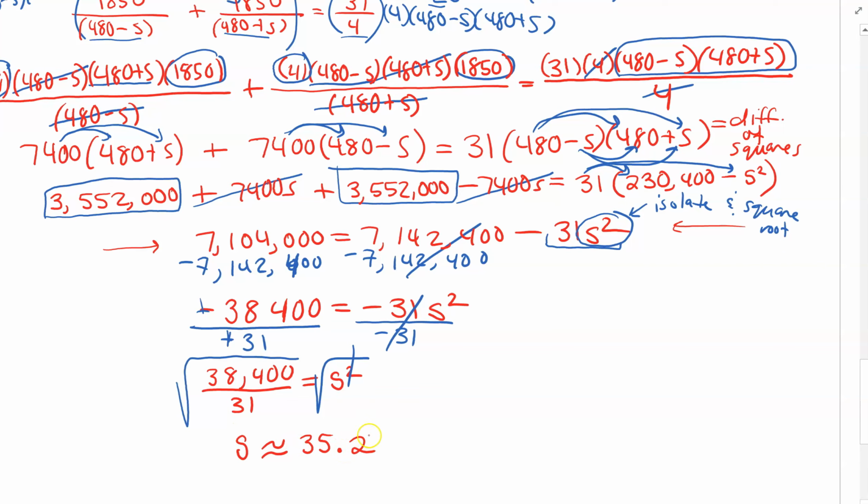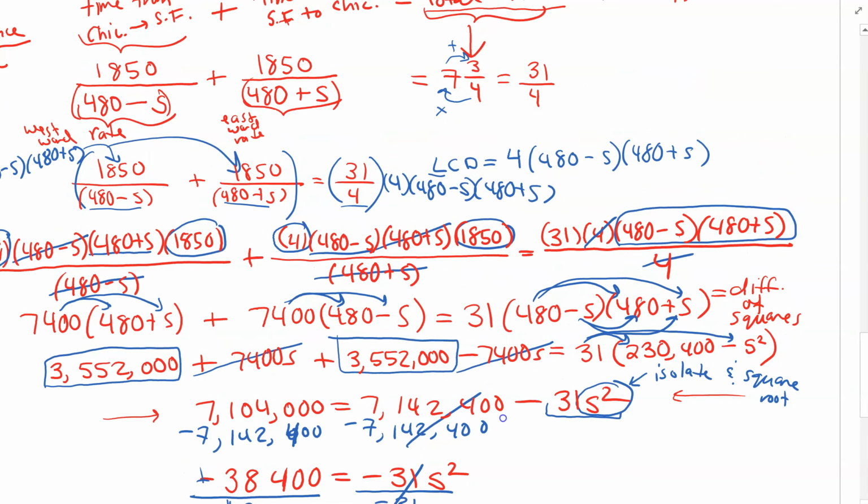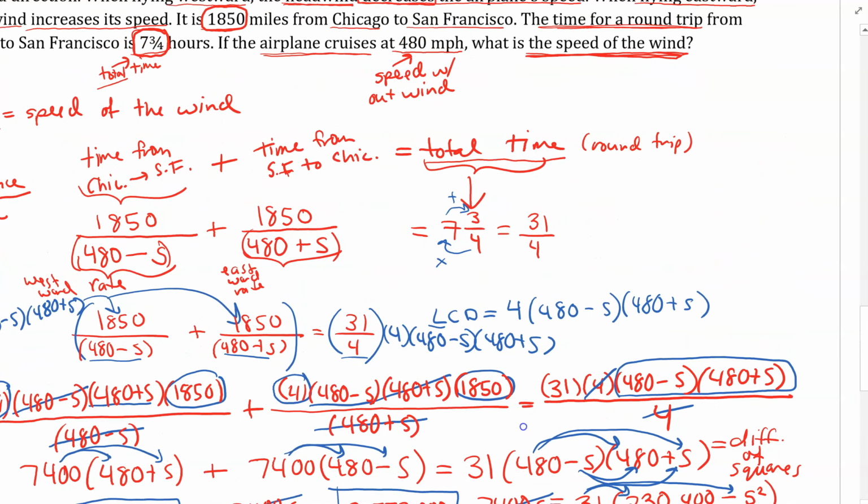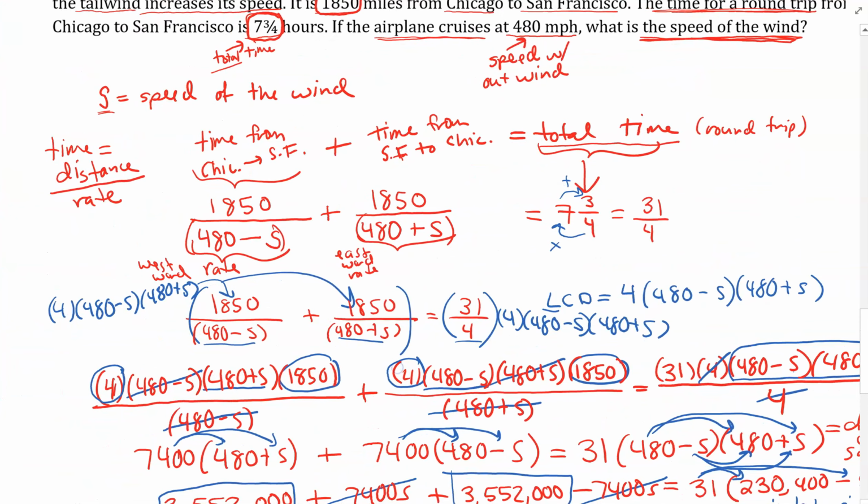So the question is, here's my answer, but what is it answering? Like, what is this? So let me box this, and let's look at the very beginning of this problem when we defined our variable. We said that s was going to represent the speed of the wind. And speed is basically, in this case, miles per hour, right?